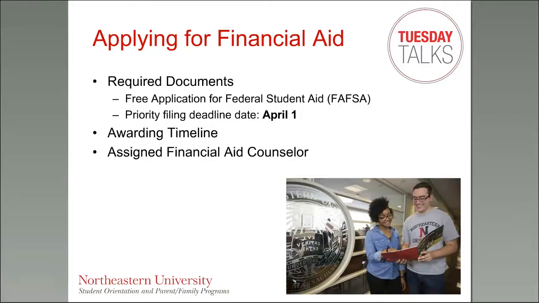Once we receive the FAFSA, we usually begin reviewing those in April and May, and we usually begin packaging returning students in late June, early July even. Your financial aid award will consist of any institutional aid you might receive.